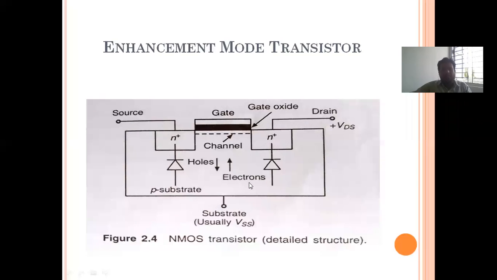This is the enhancement mode of the NMOS transistor. It shows the holes and electrons in the P substrate. Here two reverse bias diodes are shown between both regions and the P substrate. So internally there exist two reverse bias diodes.